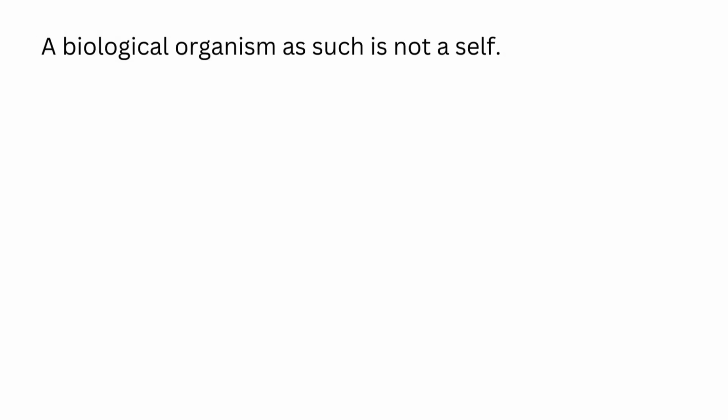My second contention is with a statement that I actually haven't prompted yet. It's the statement, a biological organism as such is not a self. I found that it kind of runs counter to his other claims.